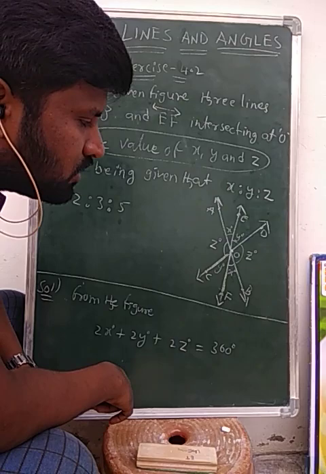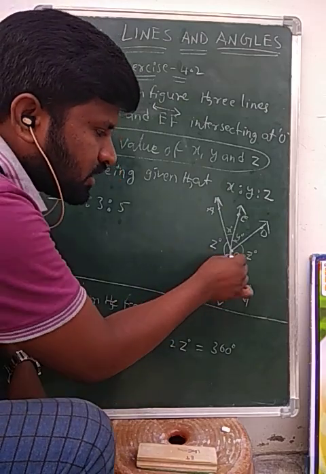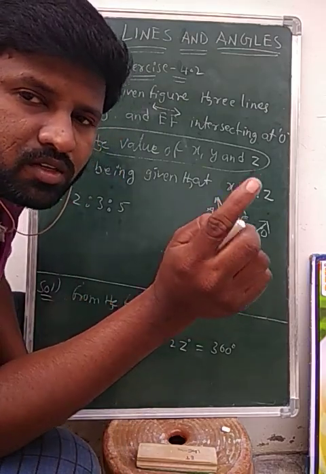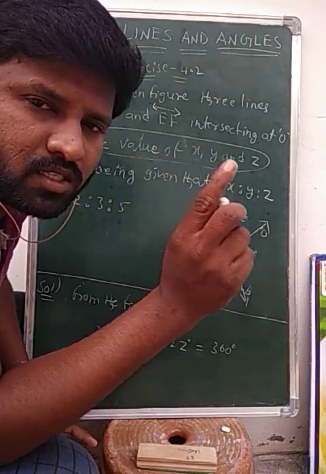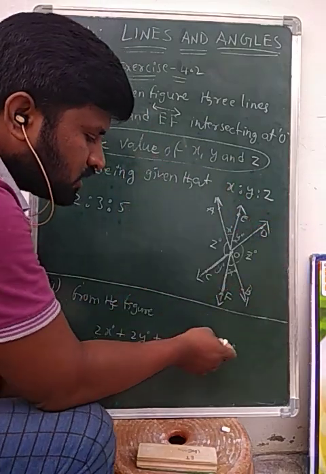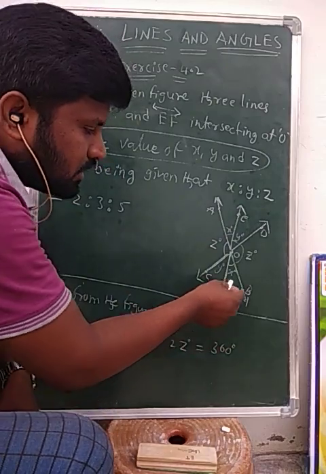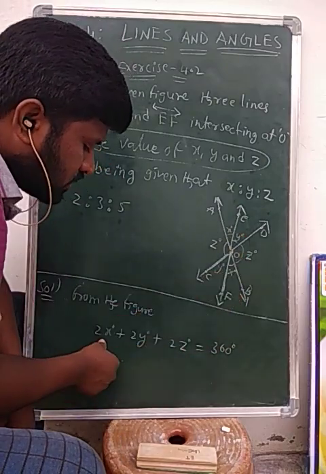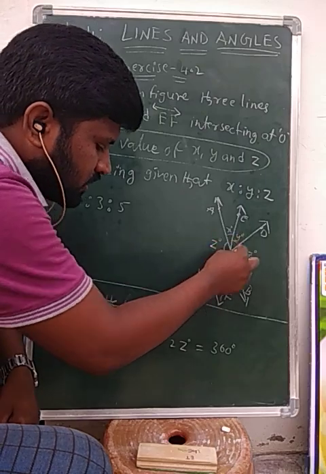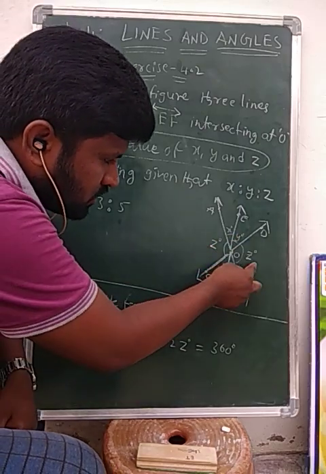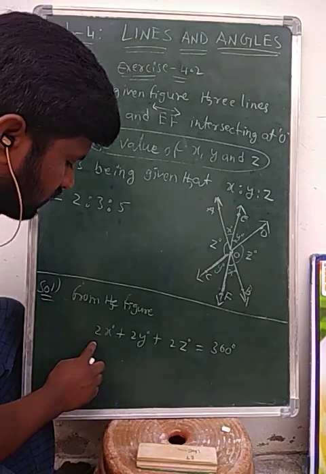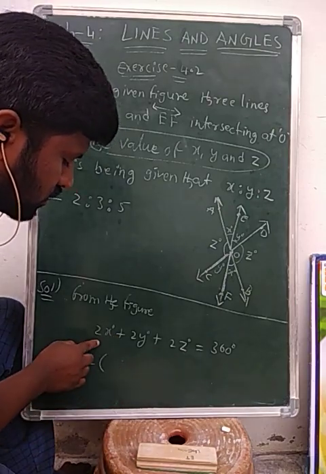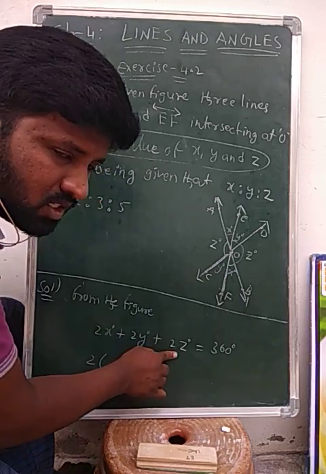Because the sum of all angles at a point is equal to 360 degrees: x degrees, 2x degrees, y degrees, 2y degrees, z degrees, 2z degrees. I just want to take out the common factor 2.